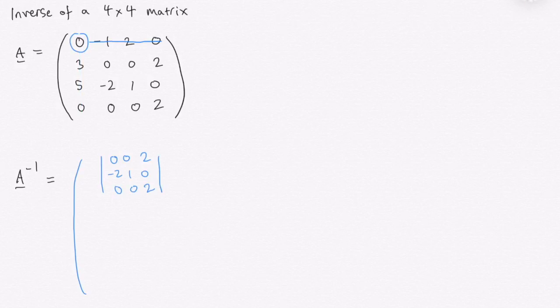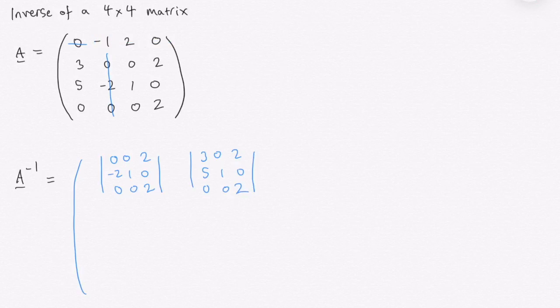Then we will do the same thing for this second element. So negative 1, and we're missing a 0 there. So by crossing out all the elements in that row and that column, we're left with a 3x3 determinant of 3, 0, 2, 5, 1, 0, 0, 0, 2.